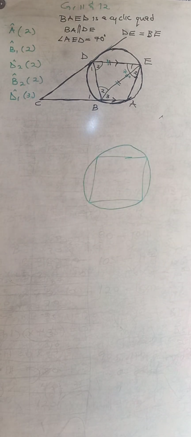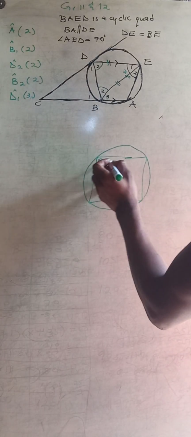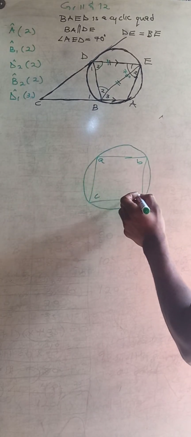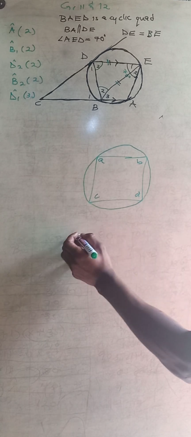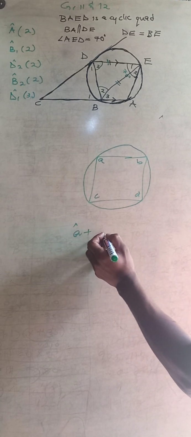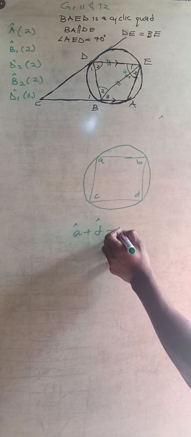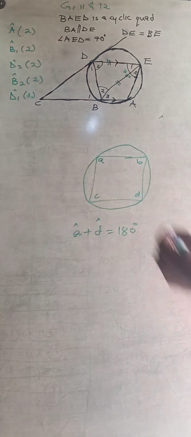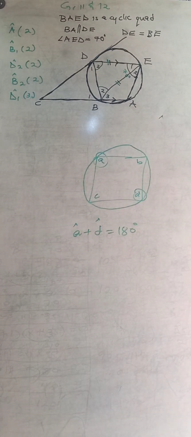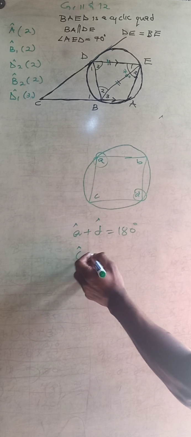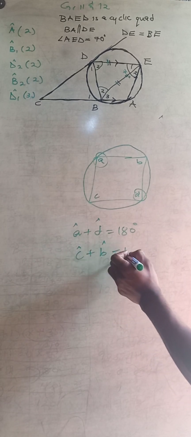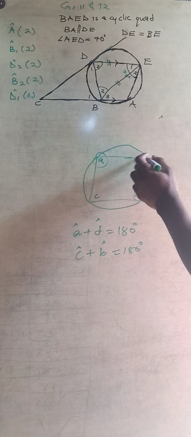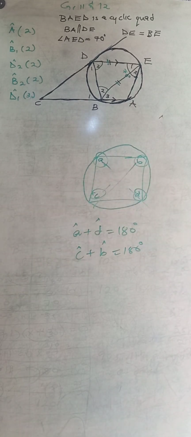And with the cyclic quad, let's say we have angles A, B, C, and D. We know that angle A plus angle D are supplementary, they add up to 180 degrees. The same way with angle C and angle B. They are also supplementary. So opposite angles of a cyclic quadrilateral are supplementary, right?